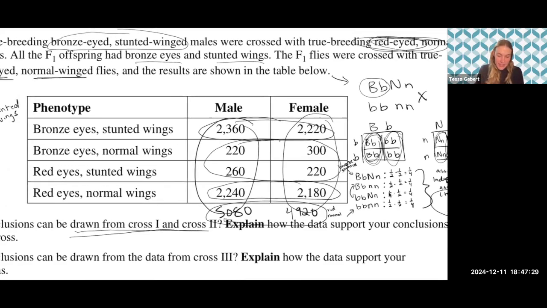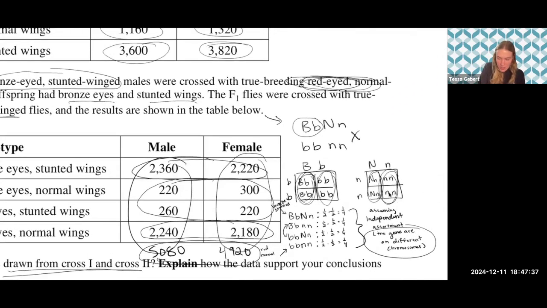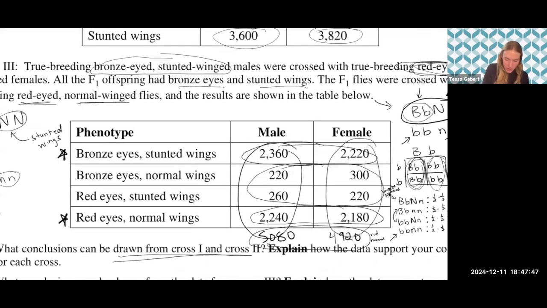If I see a significantly higher proportion of the parental phenotypes, what do I mean by parental phenotypes? Well, remember what these guys were. They were bronze and stunted wings, and this was red and normal wings. Bronze, stunted wings, red, and normal wings. These are the parental phenotypes.